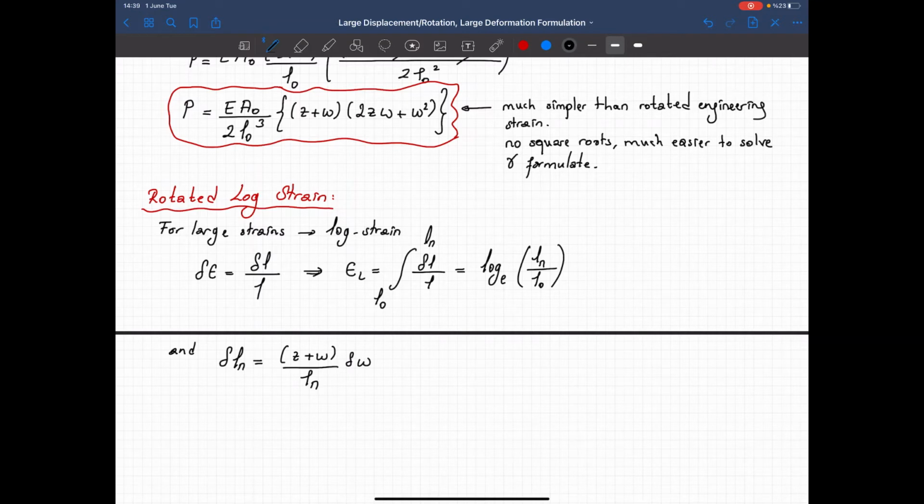Now here I have to make an assumption. We will assume that there is no volume change.